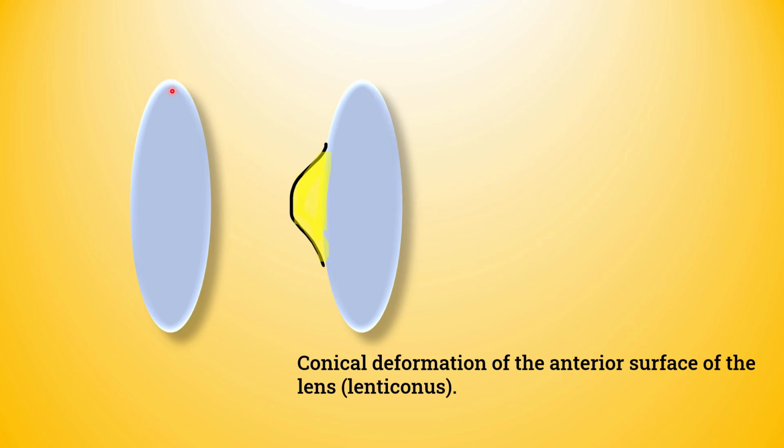And this is a normal lens present in our eye. Because of the defect in the lenticular basement membrane in Alport syndrome, your lens becomes cone-like. The anterior surface of the lens is like a cone. That's why it is called lenticonus.